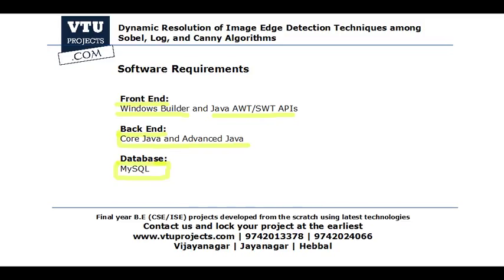The front end is required for developing the interface which will be used by our end users, customers, with wonderful screens. The back end is required for implementing our core algorithms, all of which will be present in the back end. The database is for storing application related data, like logged in customers' username and password and their profile information. These are the software requirements for our project.